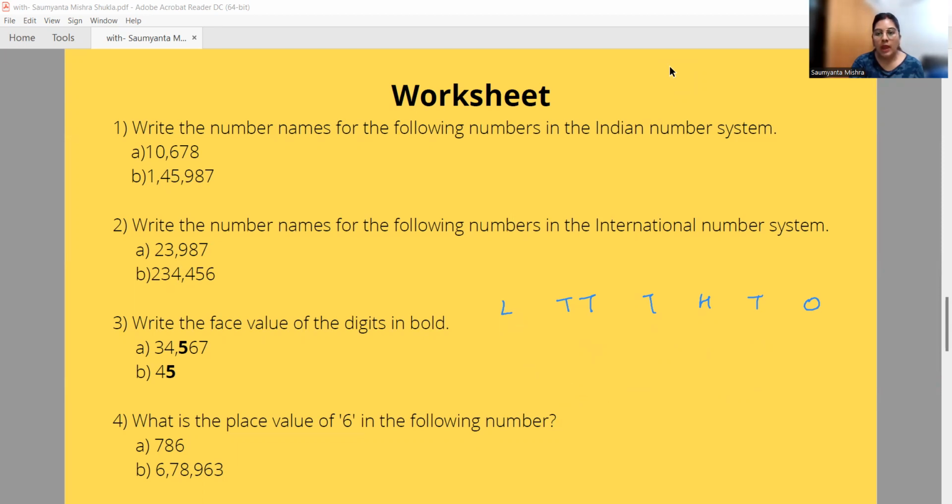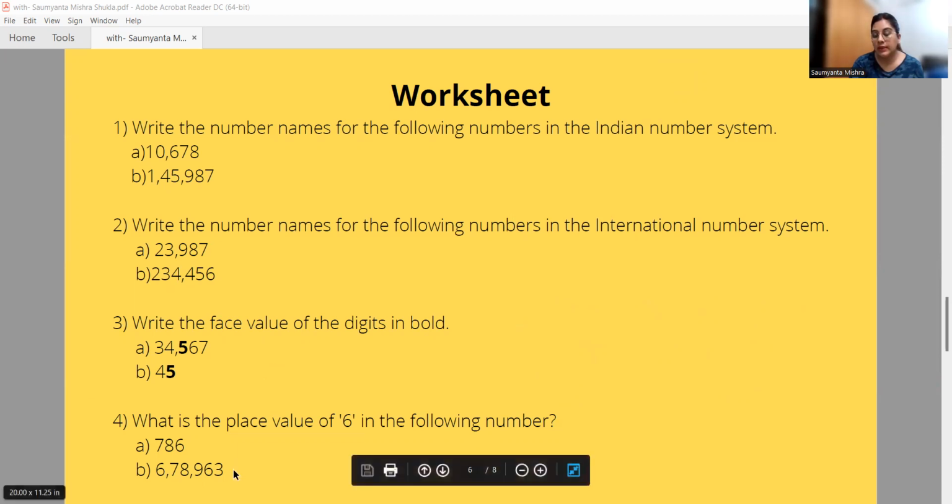Now, how do we know that this number, 6,78,963, was in the Indian number system? We can see that here the commas are marked after 3 digits, then after 2 digits, then after 2. So we have hundreds over here, thousands, and then 10,000, and then comes the lakhs.